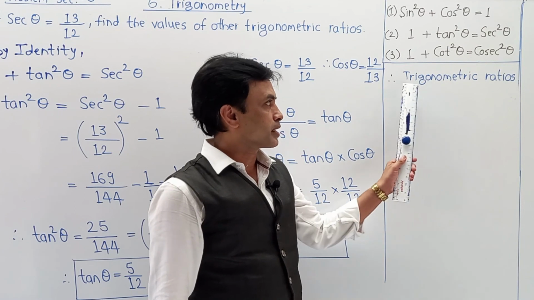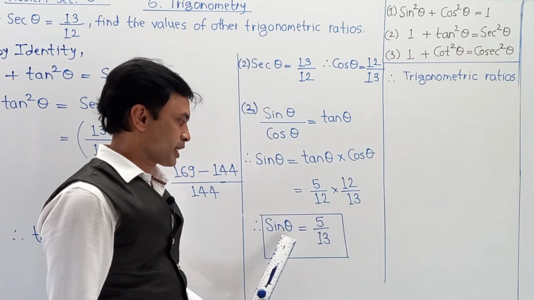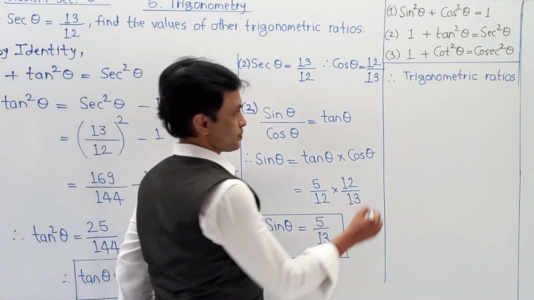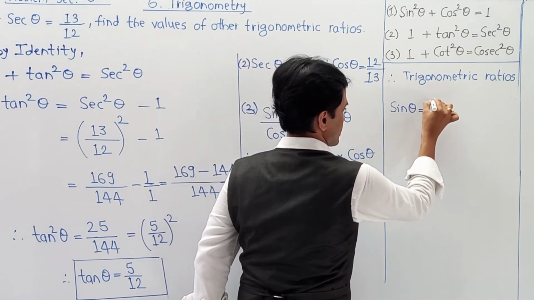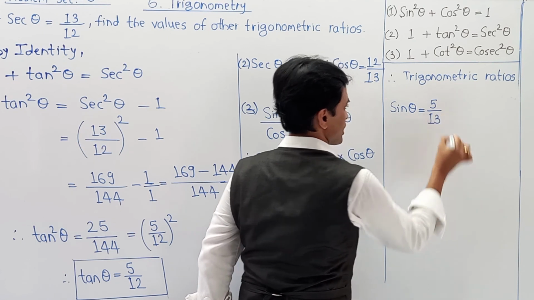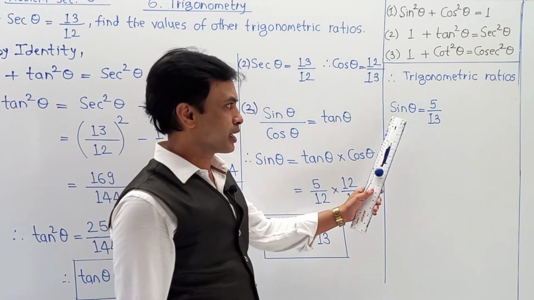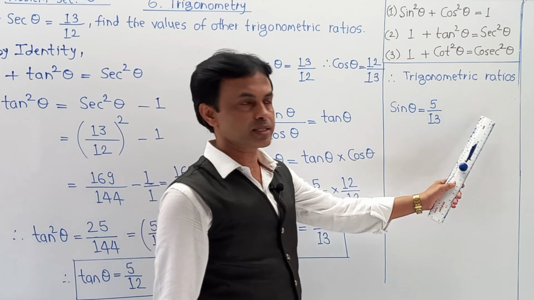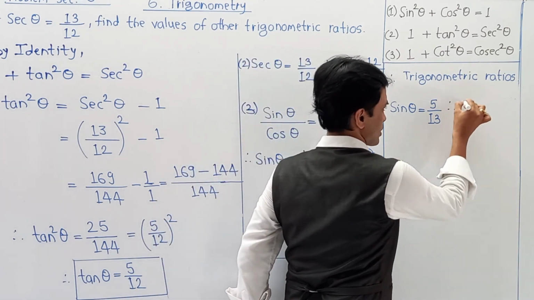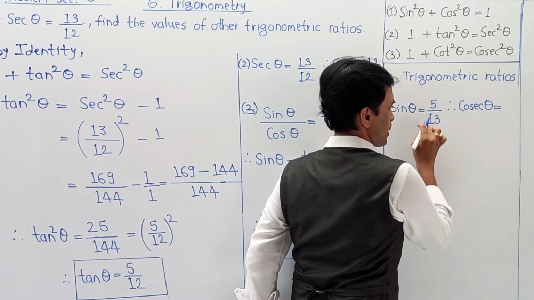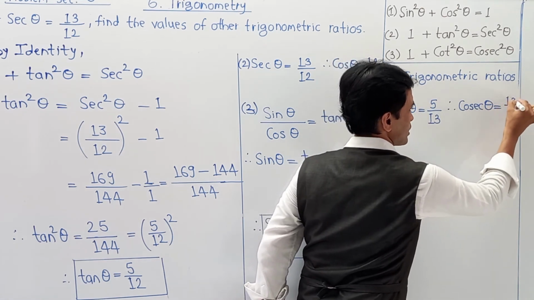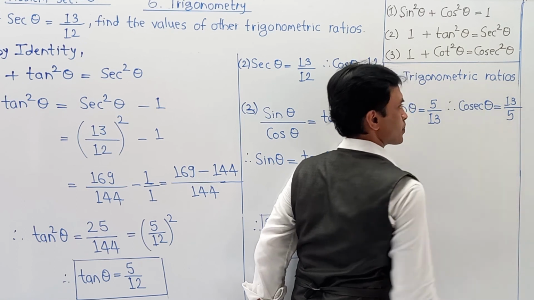First, sin theta is 5 upon 13. Immediately you can write its reciprocal, and the reciprocal of sin is cosec, therefore cosec theta is 13 upon 5.